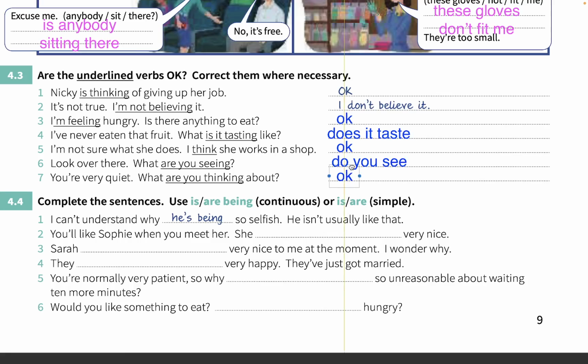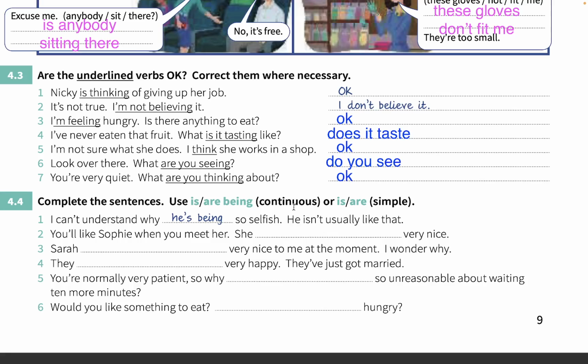I want to ask, why don't you say "what do you think about" in number 7? Okay, good question. For number 7, we know that the subject we're talking to is being very quiet. We use "what are you thinking about" because we see that this person is being quiet.